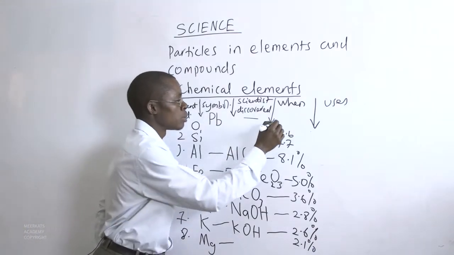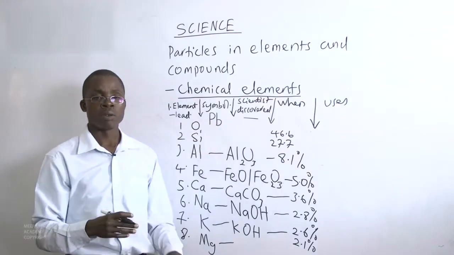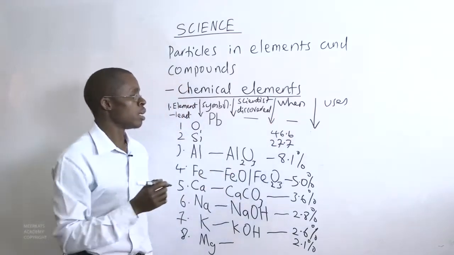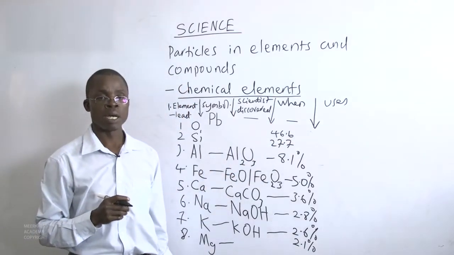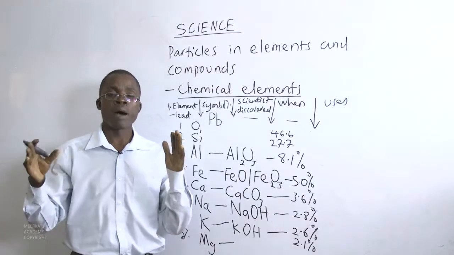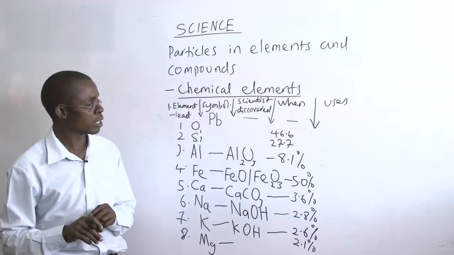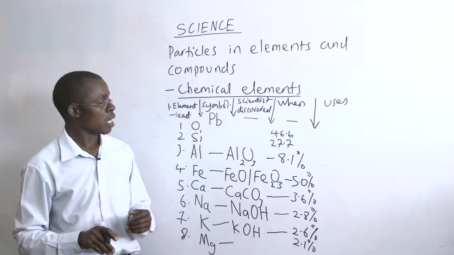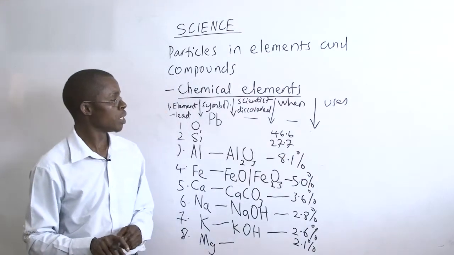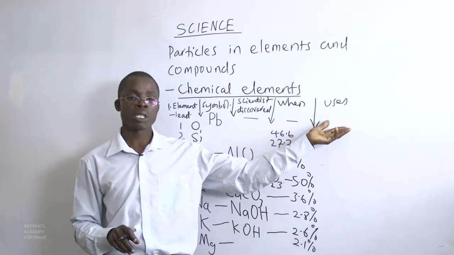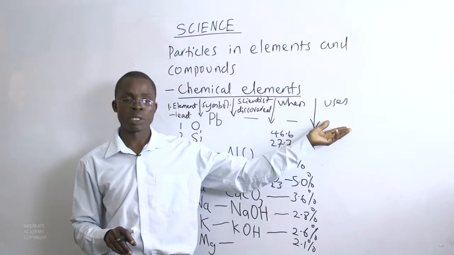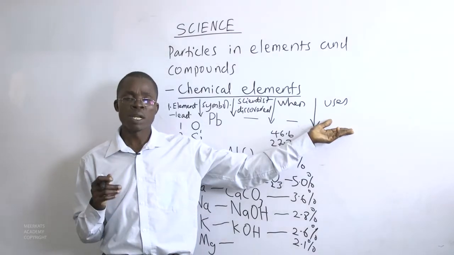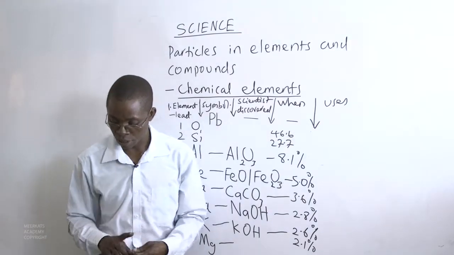And when it was used in the ancient world, you can either fill in as used in the ancient world, or you can not pinpoint to any particular year, because the ancient world is a very big range of years. Then we can also look at the uses, and uses here I've just mentioned a few minutes ago that it is commonly used in making car batteries. Remember, you always need a source of electrical energy to ignite your engine.